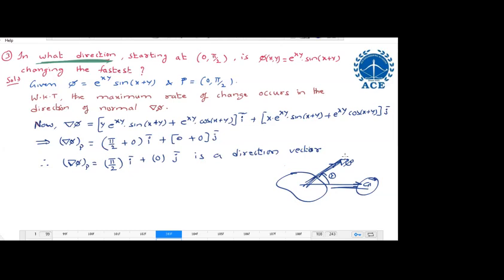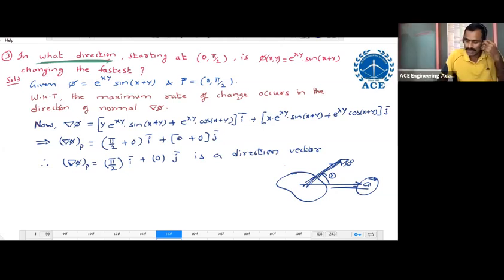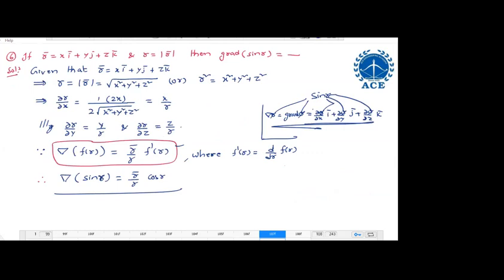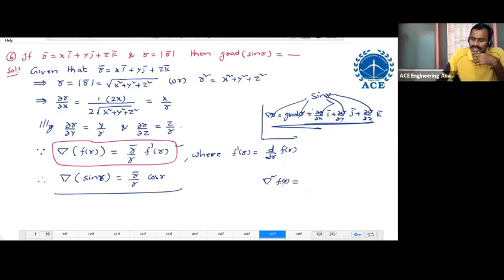Okay, sir. Got it, sir. Sir, page number 107. Sir, is there any formula for del square of f of r, the second Laplacian? Suppose we want to find del square of f of r, we read this as del dot del f of r.